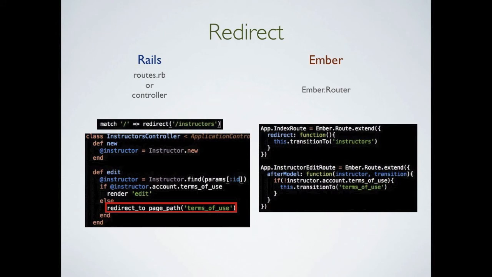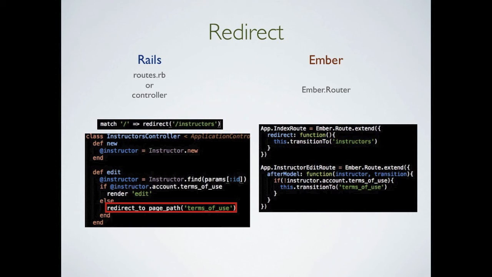Then we want to be able to redirect. In Rails, that can happen either in routes.rb or it can happen in the controller. In Ember, this is supposed to happen in the Ember router.